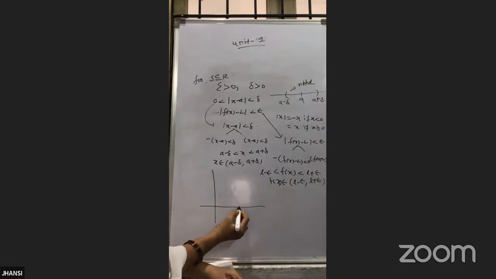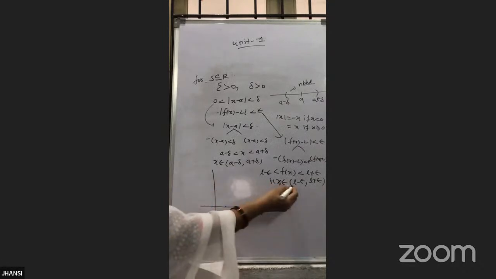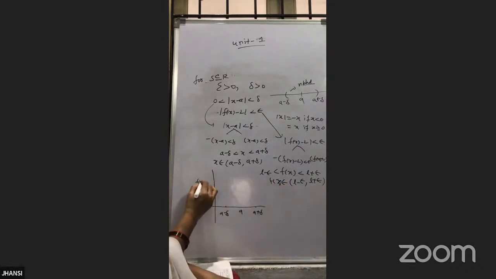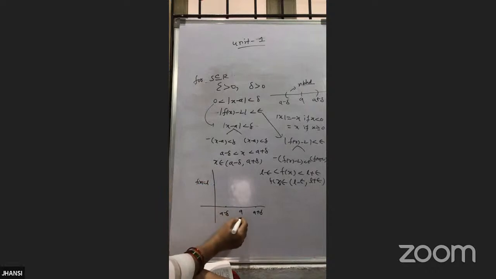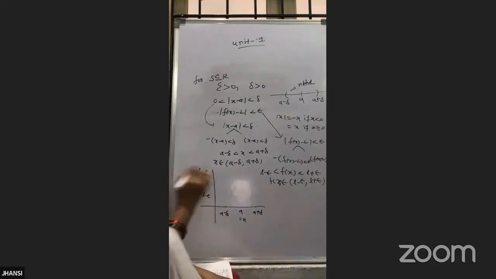If you take A, on its left you have A minus delta, and on its right you have A plus delta. Similarly for f of x, it is equal to L when x is equal to A. Here we take L minus epsilon, and here L plus epsilon.